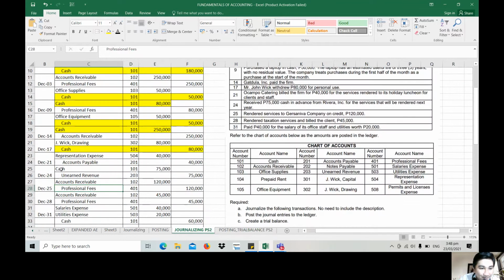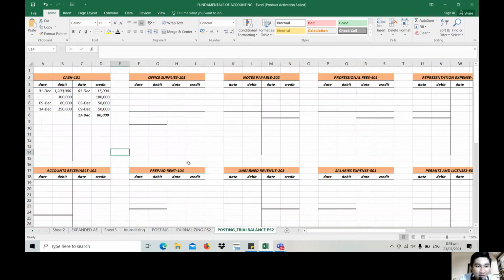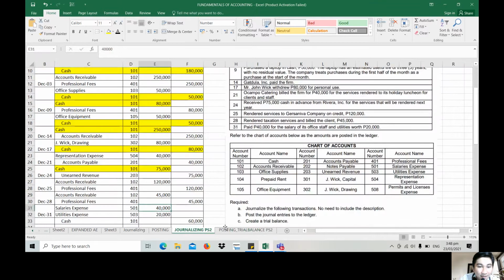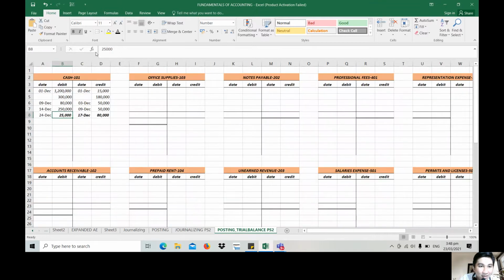Okay. Next ito, December 24, debit cash. Naka-receive tayo ng advance payment. December 24, 75,000. 75 pala guys. So, okay, di ba?